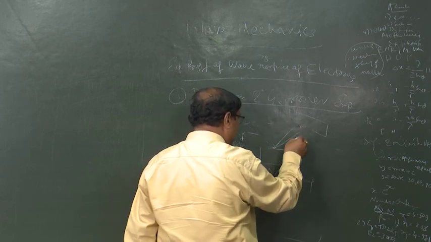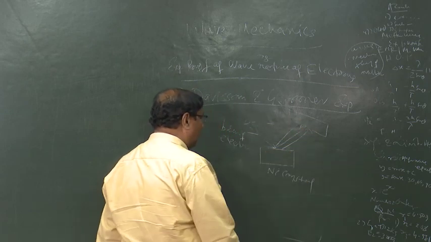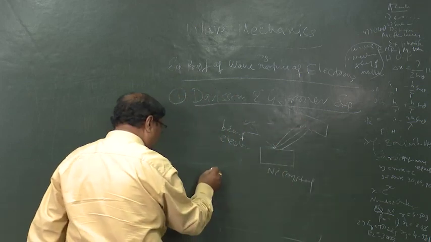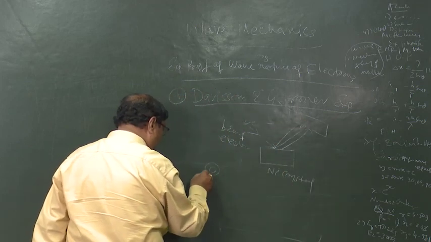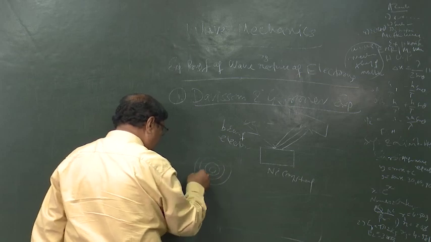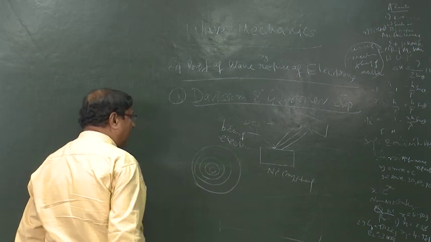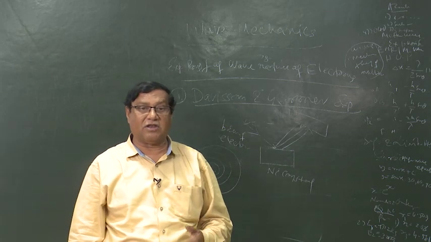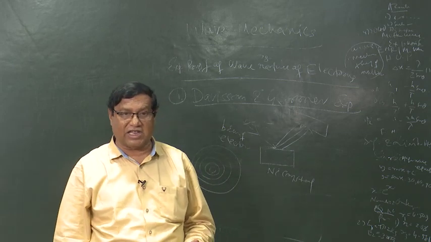In the photography plate, on development, a large number of concentric rings like this develop. We see such a type of diffraction pattern, that is called diffraction grating for nickel crystal.